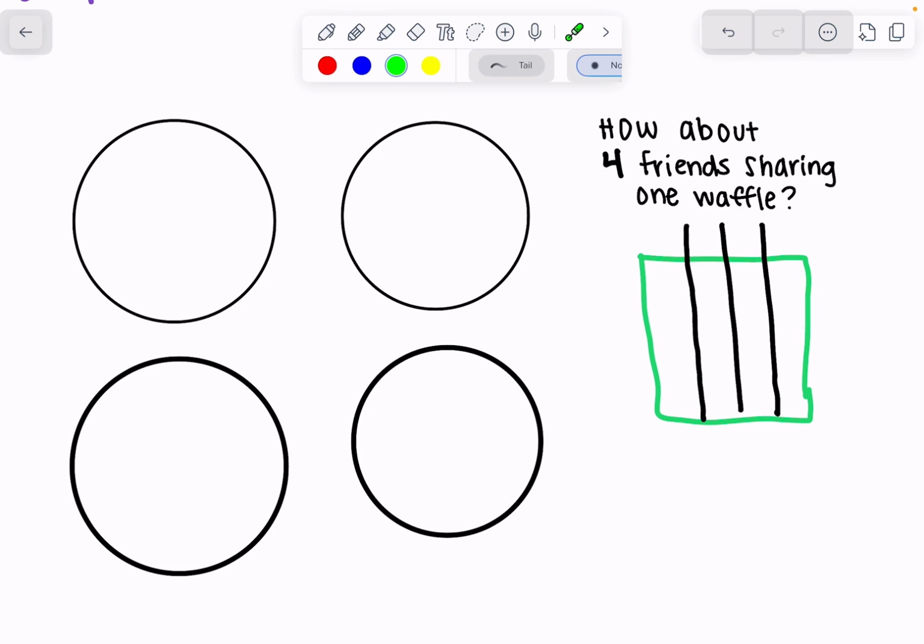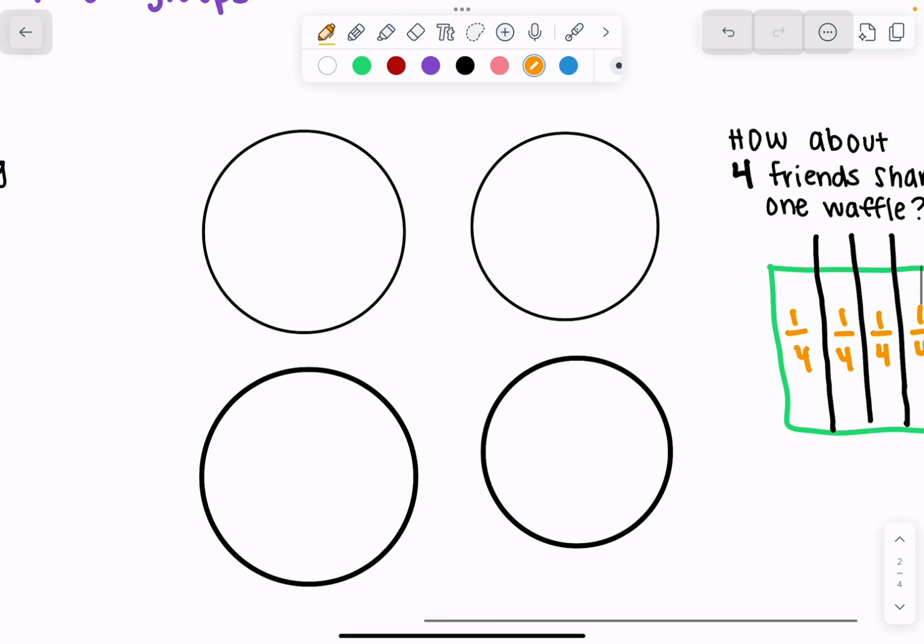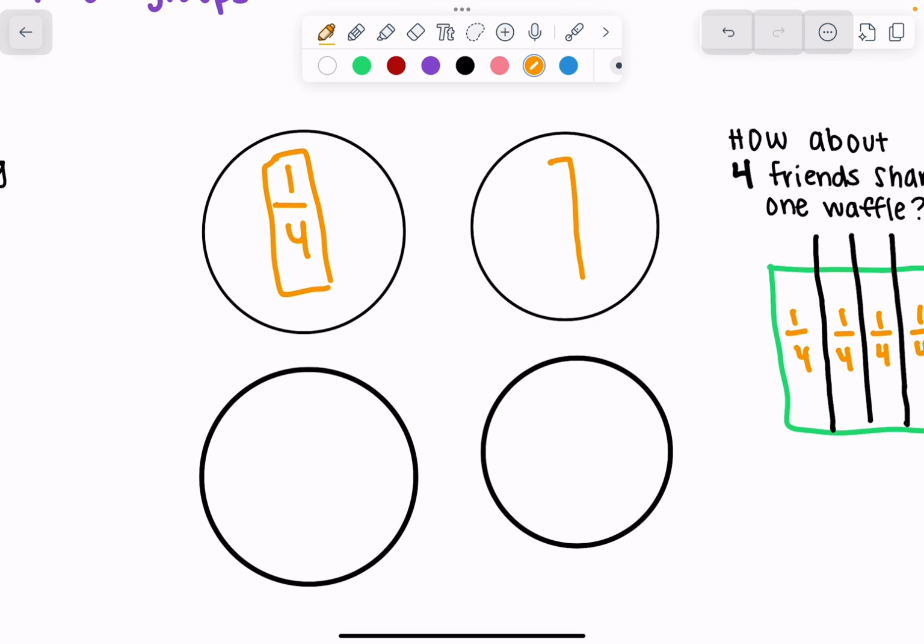So we have 1, 2, 3, 4, and we just divided this waffle into 1/4. So each of my 4 friends can get 1/4 of the waffle.